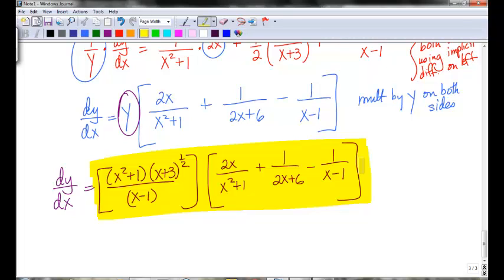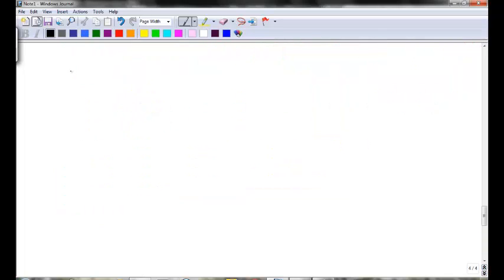So when you work yourself all the way down and you get this and you're going, what have I found? For whatever x value they give you, you have found the slope of the tangent line at that x value. Okay? That's your first example on logarithmic differentiation. Okay. Draw another separator.